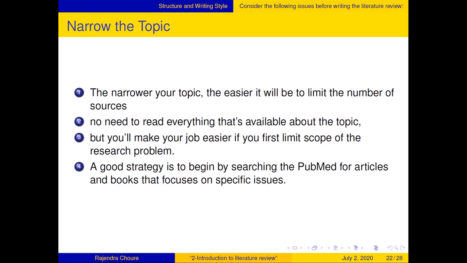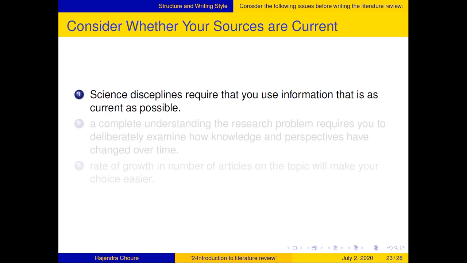A good strategy is to begin by searching PubMed for articles and books that focus on the specific issue. We will make a video in which we go through the practical aspects. I will directly demonstrate how to use PubMed and Google search to search for articles and books. It's very important for the science field because the science field is ever changing, ever evolving.